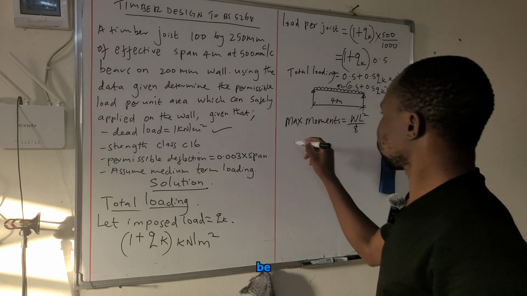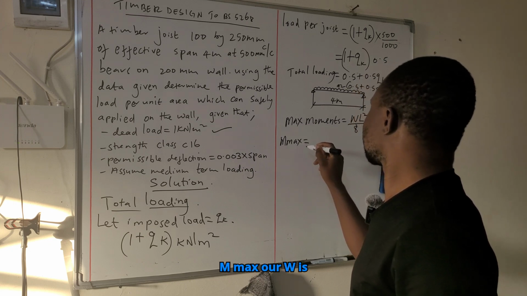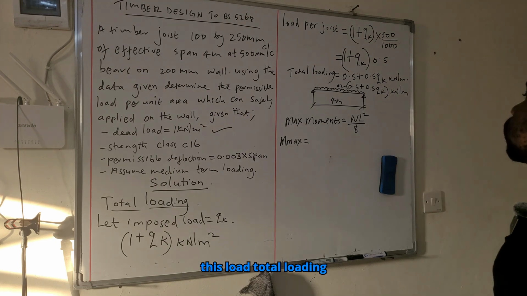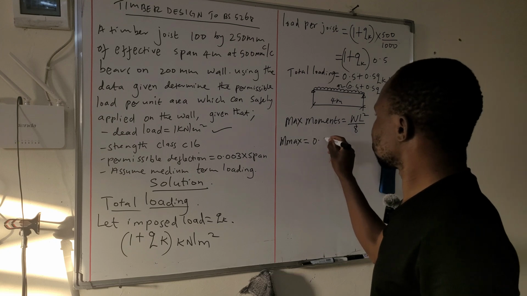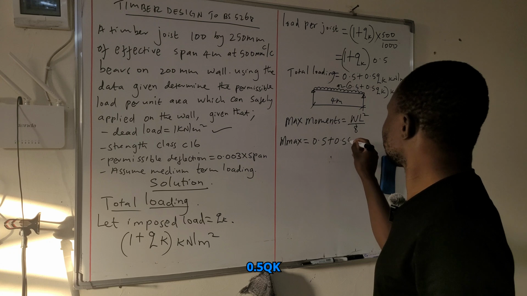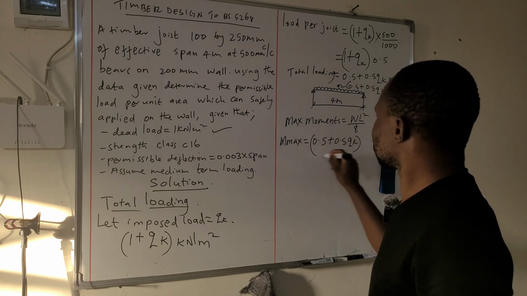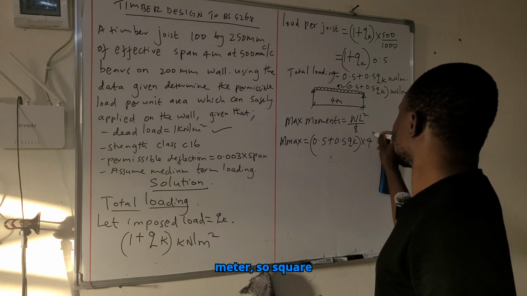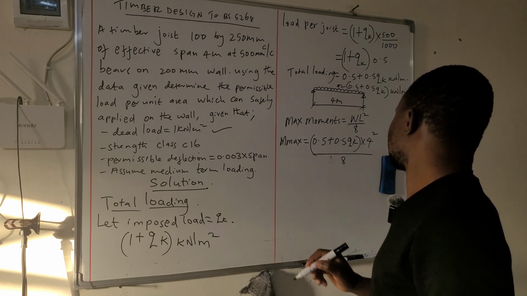So M max: our W is this total loading on the beam, which is 0.5 plus 0.5 Qk, times L. L is 4 meters, so squared over 8.